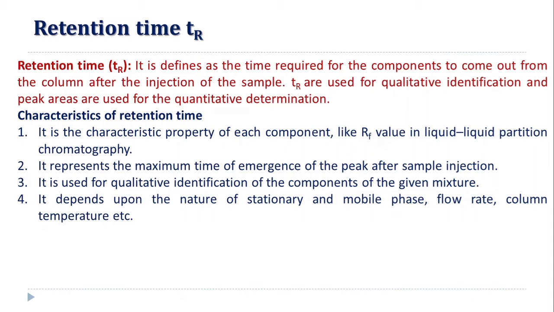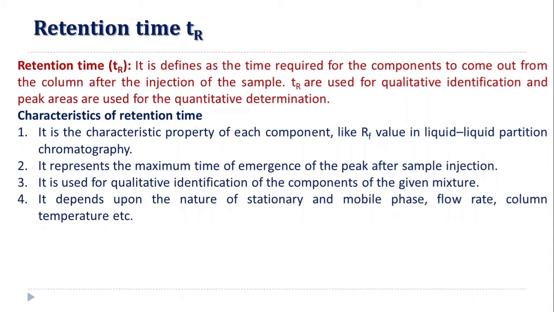So retention time depends upon the stationary phase, the mobile phase, the flow rate maintained by the regulator, and the column temperature maintained by the thermostat or oven. If all these conditions are constant, that is the nature of the stationary phase, mobile phase, flow rate and column temperature, then for a particular component the retention time is the same.